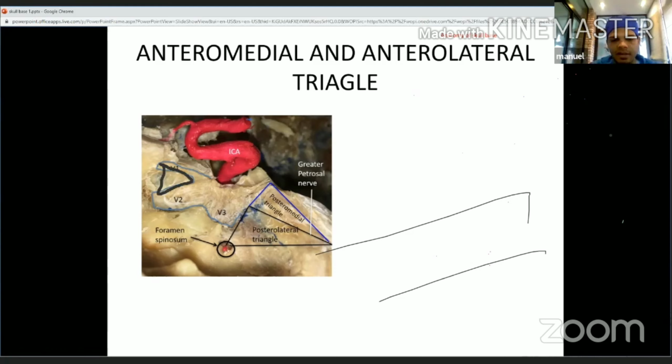Those are the limits, okay? That's Mullan's triangle. What it contains is the sphenoid sinus. If we go there, we go into the sphenoid sinus or the superior ophthalmic veins. Okay. Also the abducens.